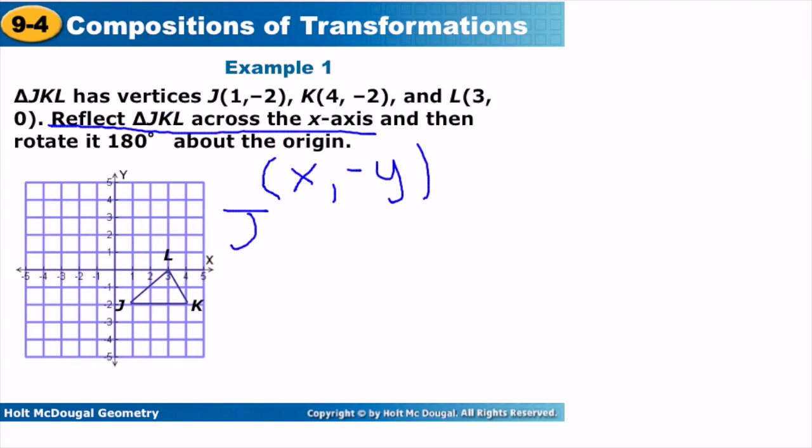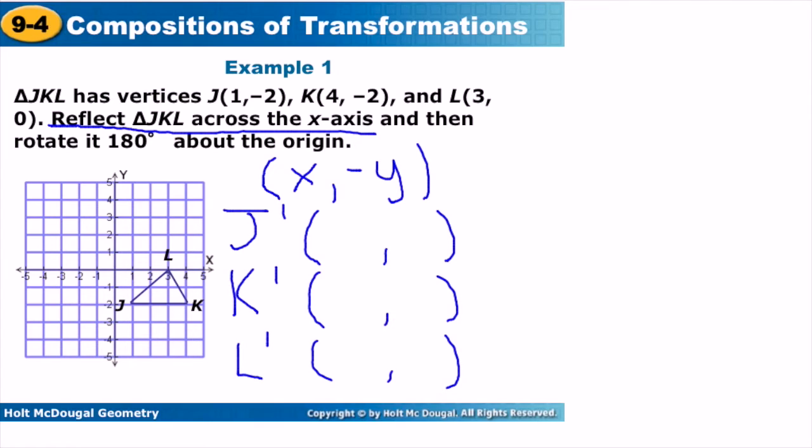So J, K, and L are all now going to be images of my original triangle. I'm going to keep my x coordinate and change my y coordinate. J had an x coordinate of 1, K had an x coordinate of 4, and L has an x coordinate of 3, so nothing has changed there.